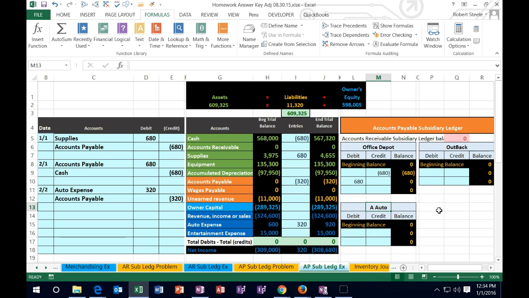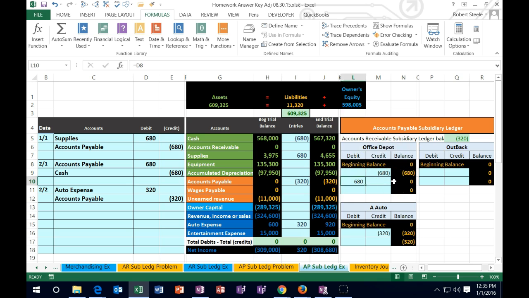So that's where we're going to post it. So I'm going to post it in the credit side to this particular vendor in M16, saying that this equals, and then point to that 320, bringing the balance up from 0 by 320 to 320, like so. Now all of our vendors, of course, add up to that 320, which ties out to the trial balance.